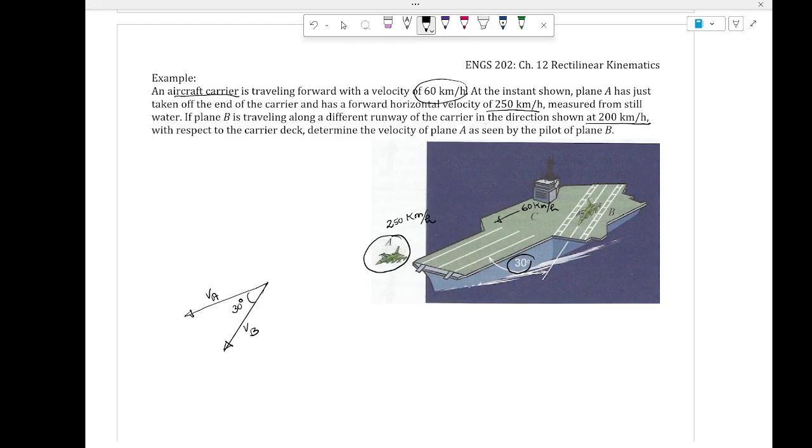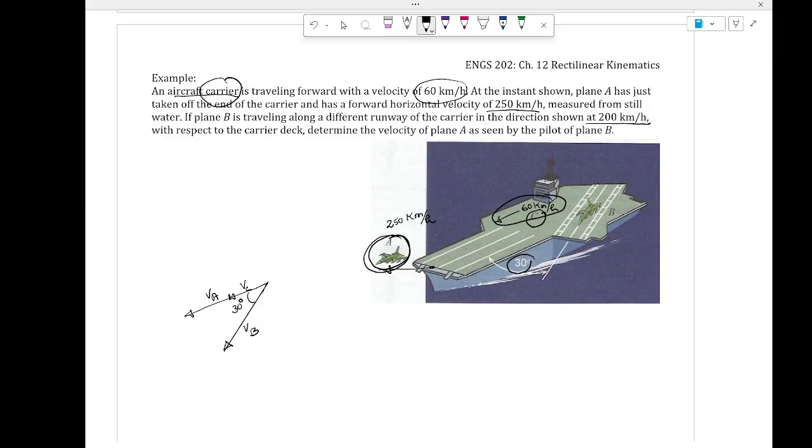Once you have these two different velocities, here's the thing. The carrier can be written as C, and it has its own velocity. If you assume this VC is somewhere up to this line. The reason I'm saying that, take a look here: this speed, 250, is when it just takes off from the end of the carrier.